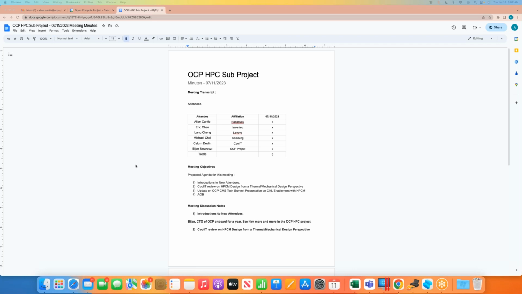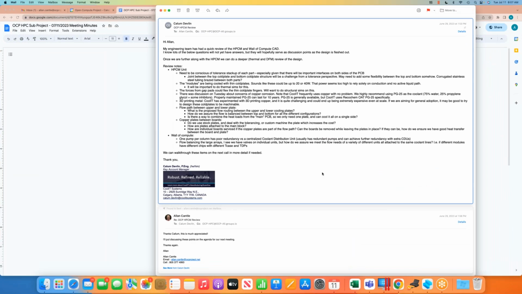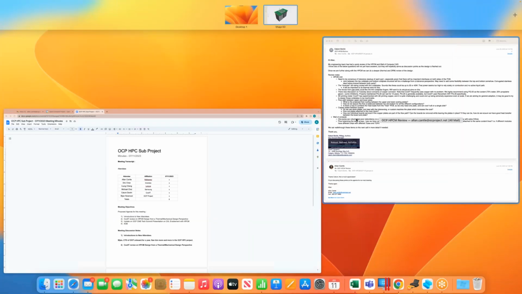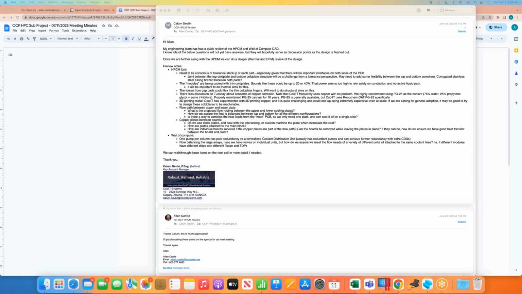Okay, so let me just switch over. So Callum, are you ready for this? Basically, I've got the model open, and so we can look at the model and go through your bullet points as appropriate. Do you want to kick us off, Callum? Sure. I have this pulled up too, Alan, so feel free to just show the CAD.